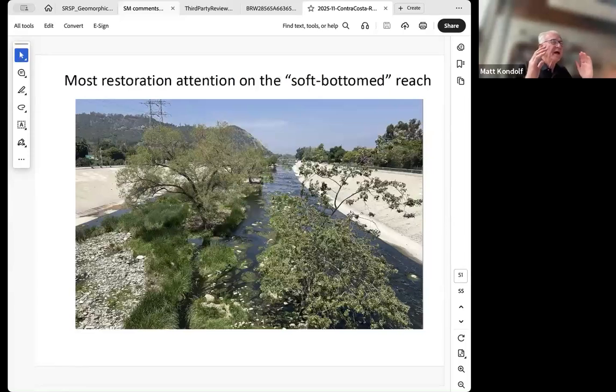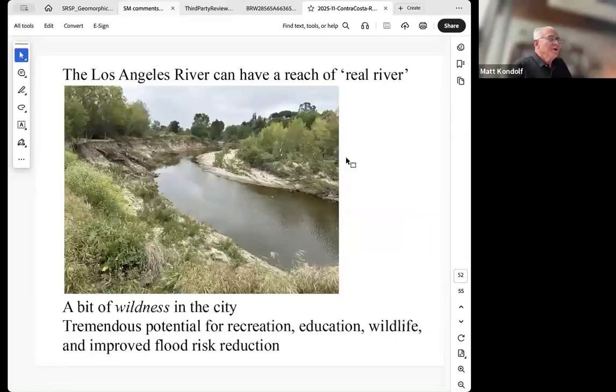It would be astronomically expensive to double or triple the width of this channel by cutting into whatever the uses are adjacent. Whereas within the Sepulveda Basin, it's never going to be developed. It's just there to accommodate big floods. You could really give the river a nice wide corridor and create a bit of wildness in the city. Tremendous potential here for recreation, education, wildlife, and improved flood risk reduction.